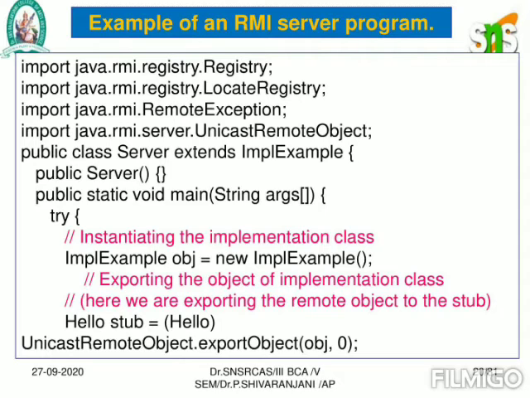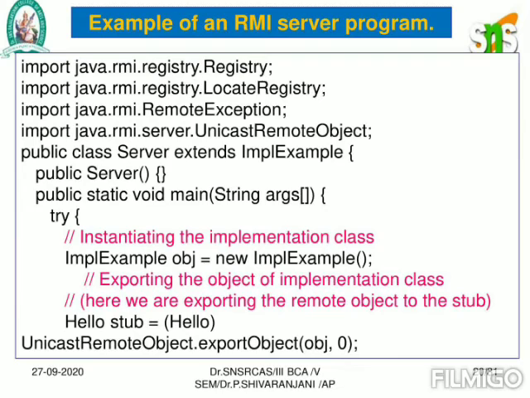And the next one, for establishing the binding connections between the client and the server, you will use the UnicastRemoteObject. So this will help you to implement all the concepts of this RMI application inside your Java program to establish a connection between the client and the server.